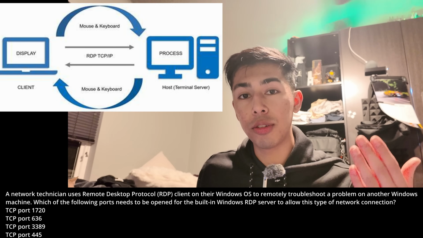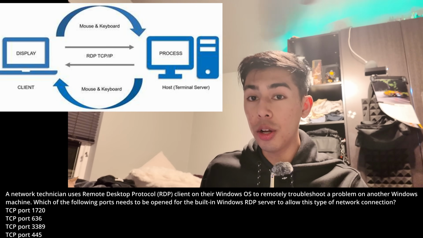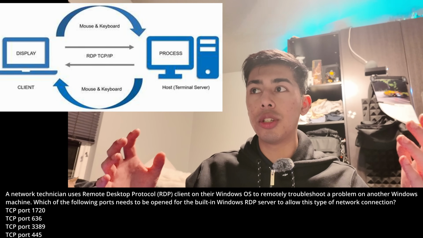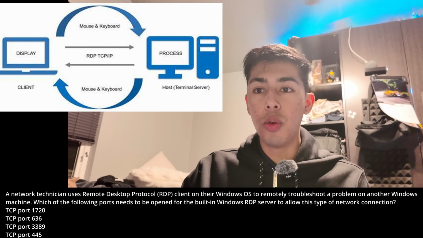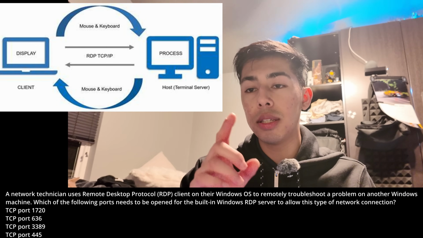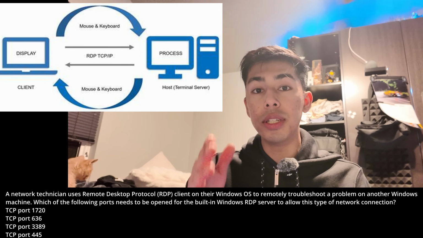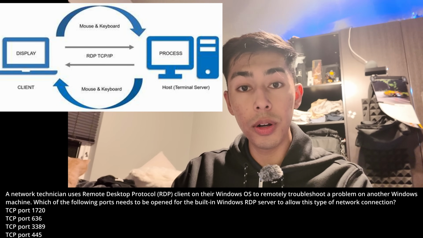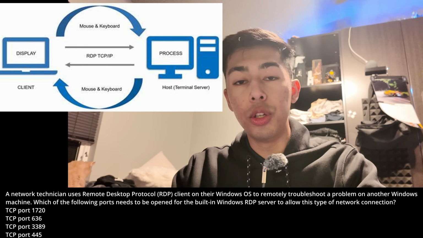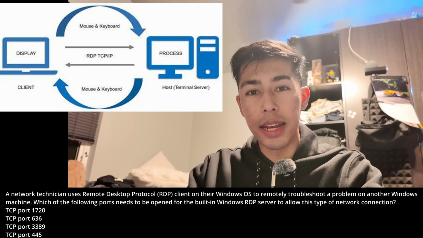The S stands for secured, and the secured is essentially making it encrypted versus the unsecured version, which is on a different port. 636 is for the LDAPS, or Lightweight Directory Access Protocol Secured. The regular LDAP uses port 389.